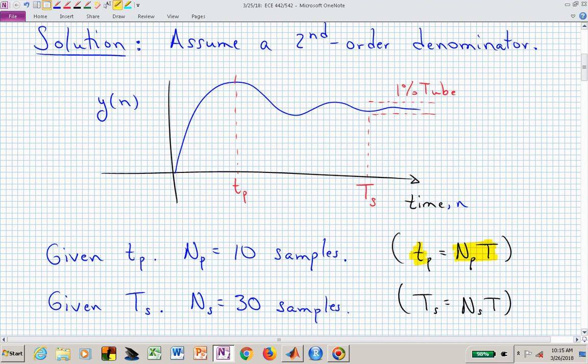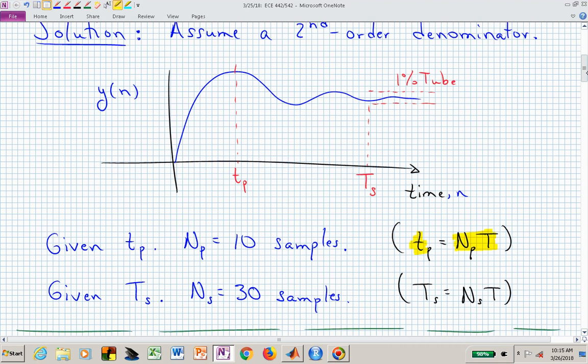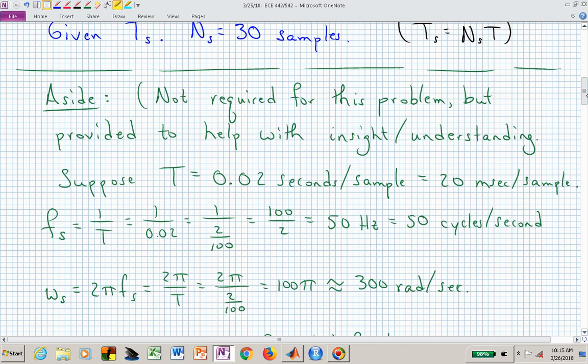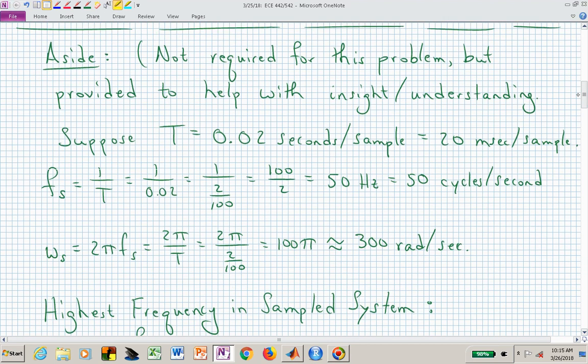That way you can get some insight into the relationship between peak time and settling time in an absolute time sense. The settling time is 30 samples, and here, as I promised, is our aside. This green text is not required for this problem, but I'm providing it to help you get some understanding. Suppose our sample period is 0.02 seconds per sample, or 20 milliseconds.